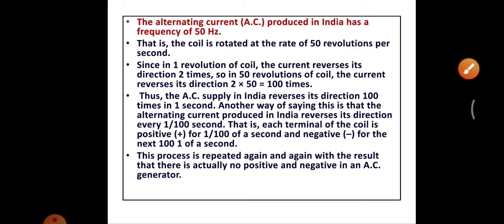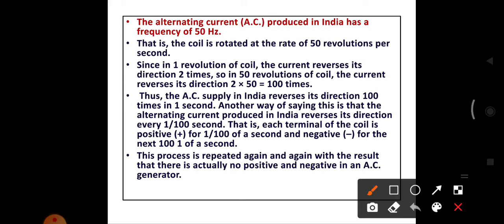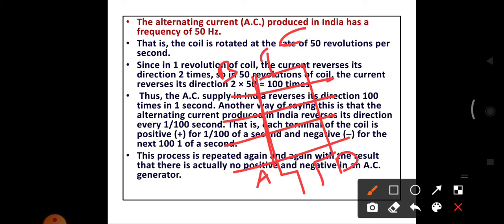The coil is rotated at the rate of 50 revolutions per second. So we are moving the coil inside the magnetic field. This is a magnetic field, this is a coil, and A, B, C, D. We are moving this coil inside the magnetic field. In 1 second, it completes 50 revolutions.